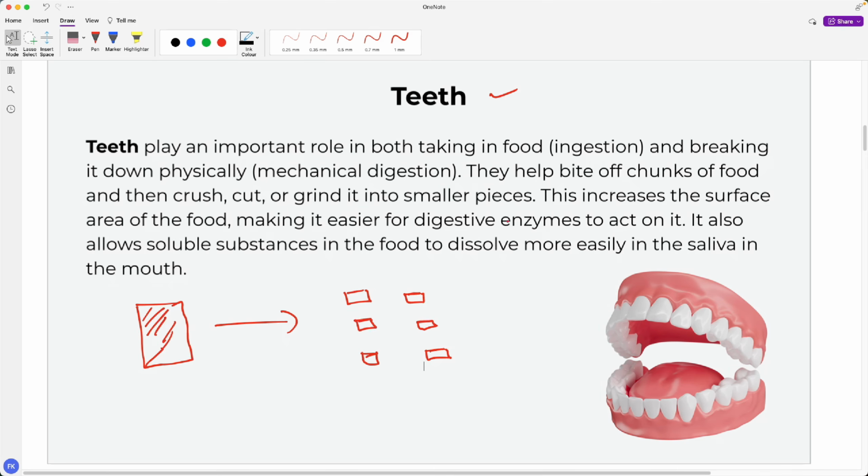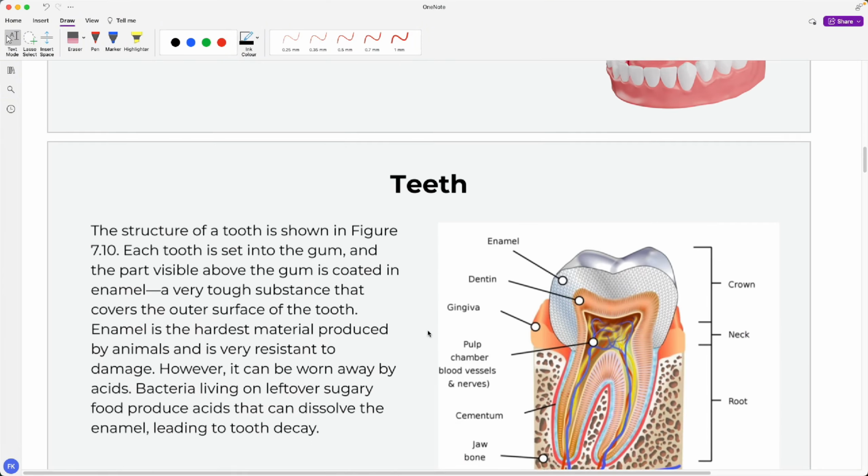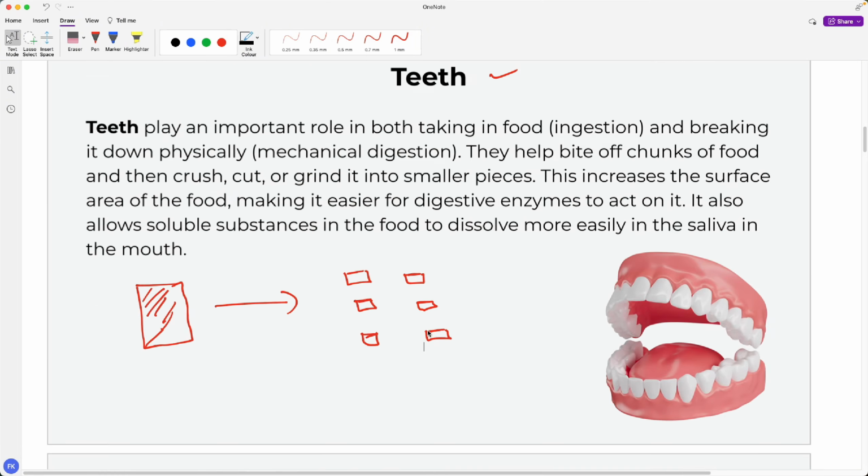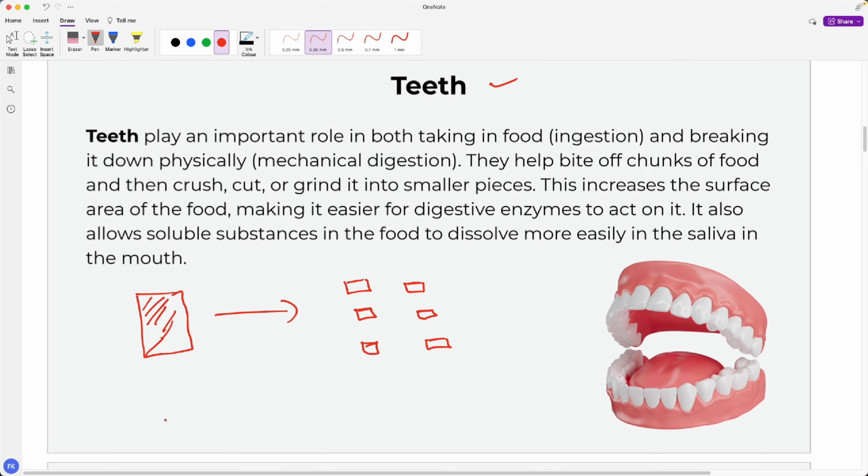It also allows the food to form soluble substances so that it dissolves more easily in the saliva, right? And before that, what does saliva contain? Saliva contains an enzyme known as amylase, right? Amylase, which breaks down starch, by the way.